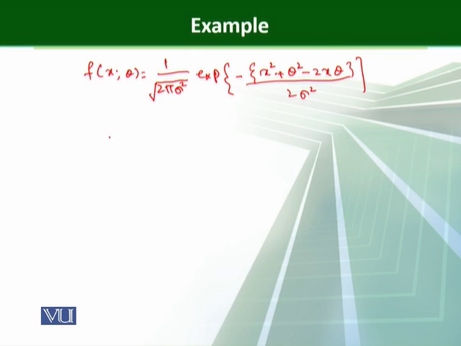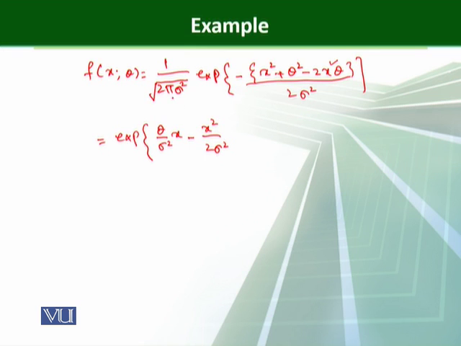Further, we can write it in terms of the exponential family. The 2 cancels, and we can write the first part as theta over sigma square into x. Next, minus x square over 2 sigma square.